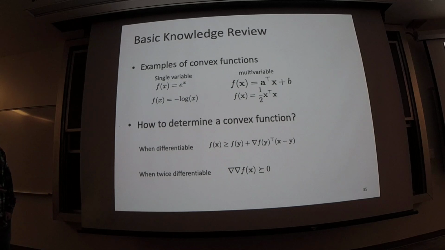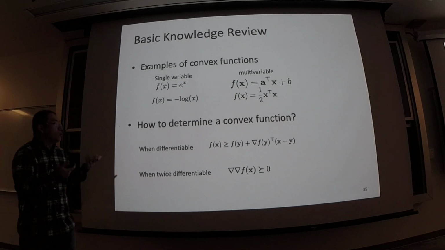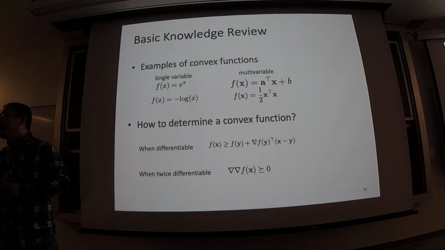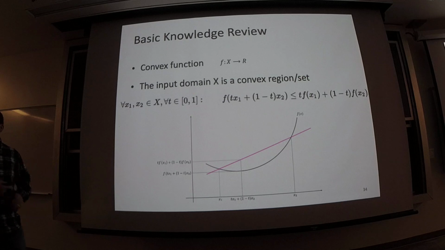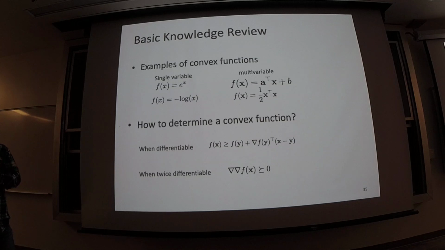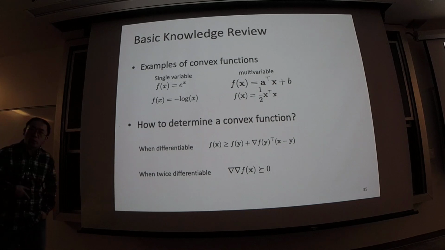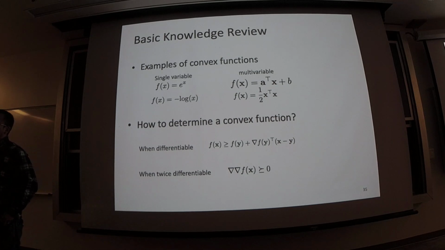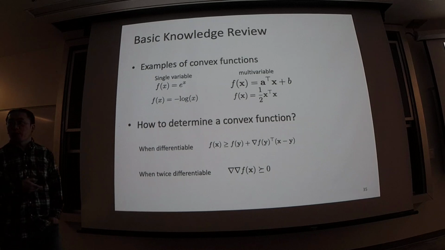Okay, so things come to how we determine whether a function is convex or not, right? Obviously we can use the definition to do that, but in many cases it's not very easy to show the inequality holds, right? So here are two very commonly used conditions to test whether a function is convex or not.